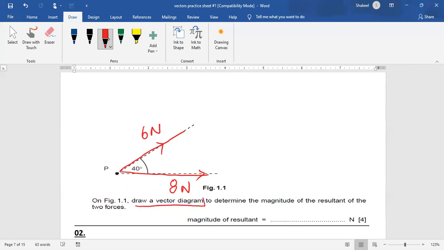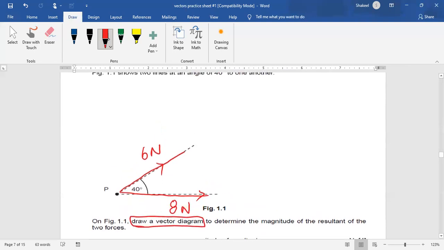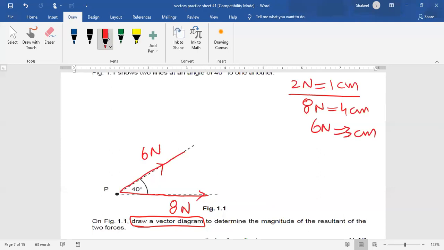They're saying draw a vector diagram, so you have to draw it and say, let's say, 2 Newton equals 1 centimeter. This makes 8 Newton as 4 centimeter and 6 Newton as 3 centimeter. Now take a scale and draw this line as 4 centimeter and this line as 3 centimeter.